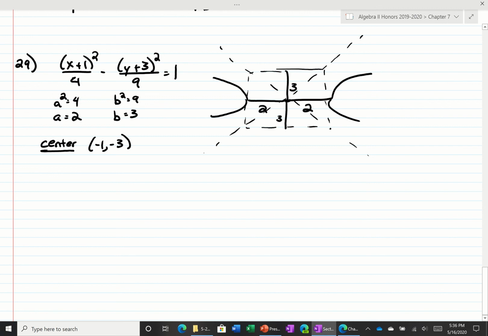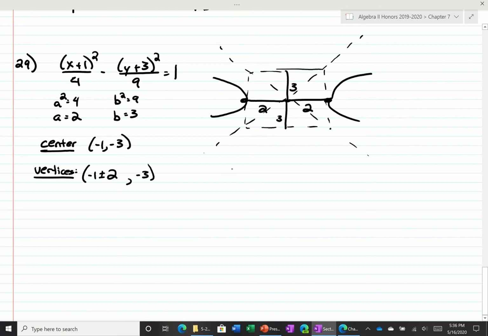Something like that. Alright, and what's it asking us to find here? Find the coordinates of the vertices, okay? So from our center, vertices are going left and right. So we're going to be adding and subtracting the a value to the x. Give us these right here.